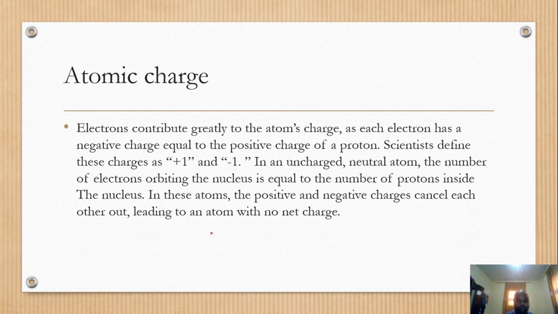Atomic charge. When it comes to charge, electrons contribute greatly to the atomic charge, as each electron has a negative charge equal to the positive charge of a proton. So the negativity and the positivity of the atom are contributed by the protons and electrons. Are electrons positively charged?